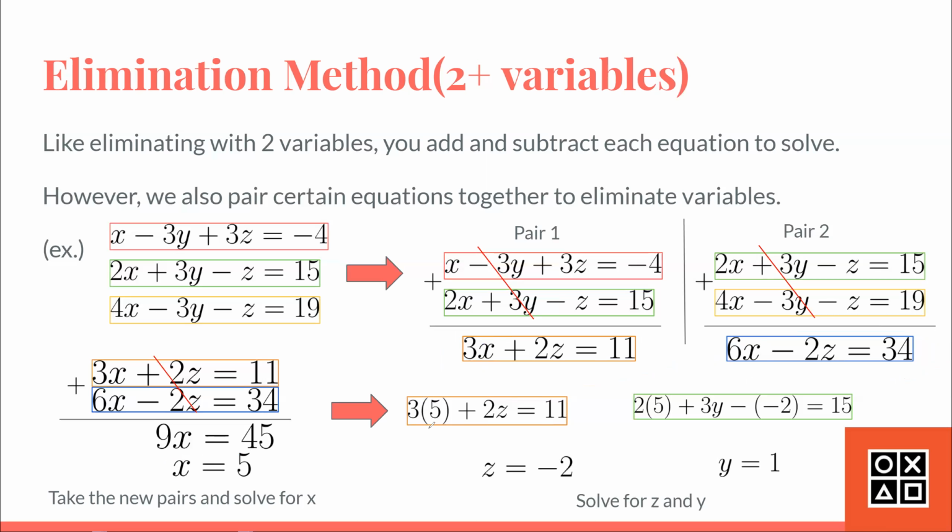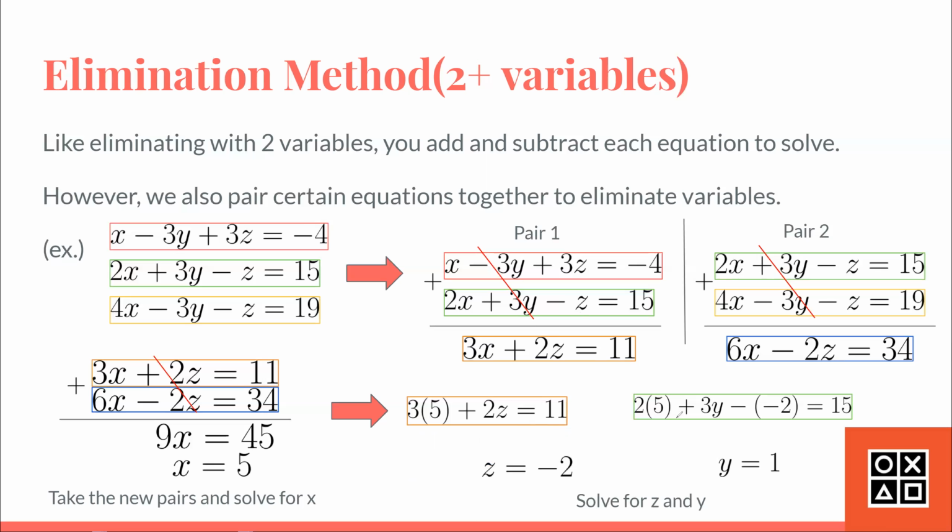So this would be 15 plus 2z equals 11. Then you would subtract 15 from both sides to get 2z equals negative 4. Divide both sides by 2 to get z equals negative 2, as seen right here. And now you know what your x and z are.